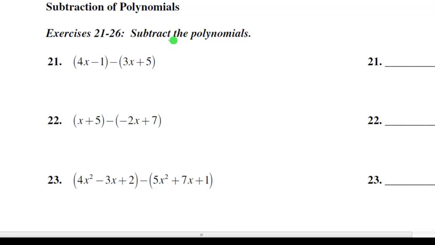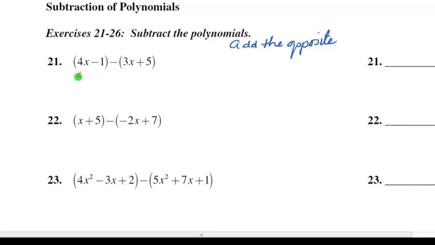Okay, now we're going to talk about subtracting polynomials. Remember, we are going to add the opposite when we subtract. So look at this one. We have 4x minus 1 subtract a 3x plus 5. What we're going to do here is change this subtraction sign to an addition, and then we use the opposites of everything in the parentheses.